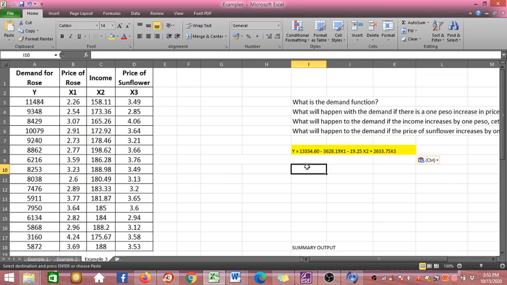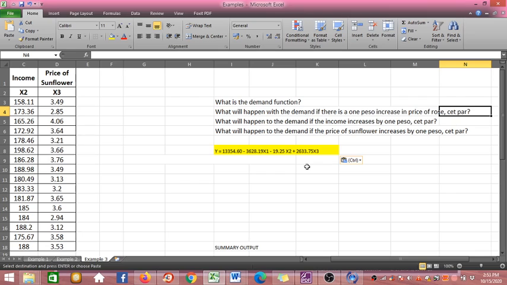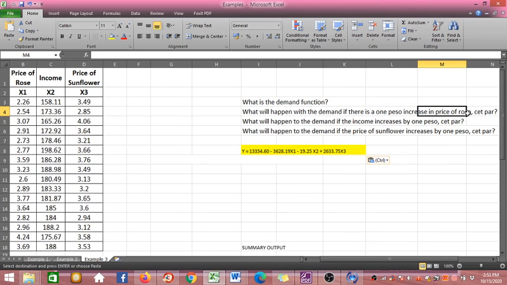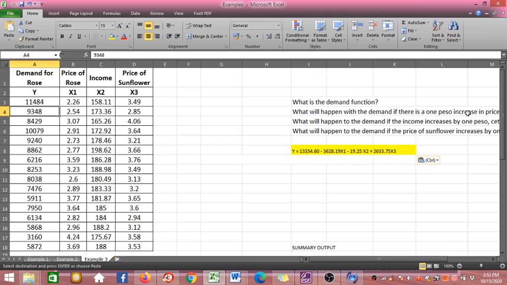Okay, then what will happen with the demand if there is 1 peso increase in the price of rose, set bar? Remember set bar, ceteris paribus, or holding other things constant. Since dito madami tayong independent variable, so we need to use set bar. Kung ano yung given change, yun lang i-consider natin. So, price of rose is represented by x1. Ano raw mangyayari if there's 1 peso increase?